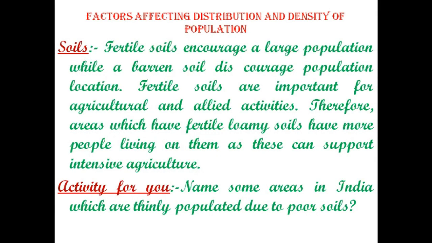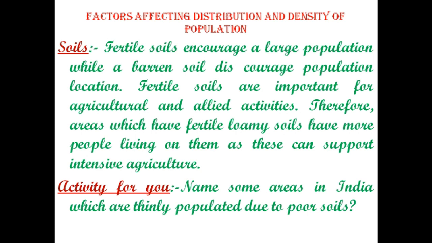Our next factor is soil. Fertile soils encourage a large population, while a barren soil, which is not able to produce crops, discourages population locations. These fertile soils are very important for agriculture and other activities which are based on agriculture.